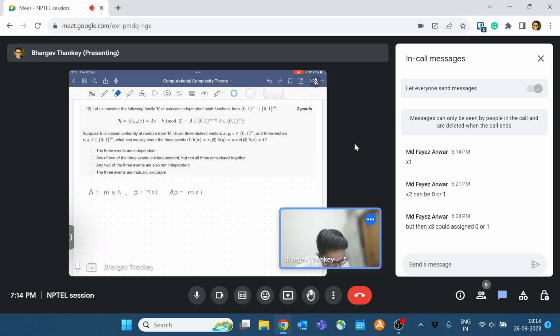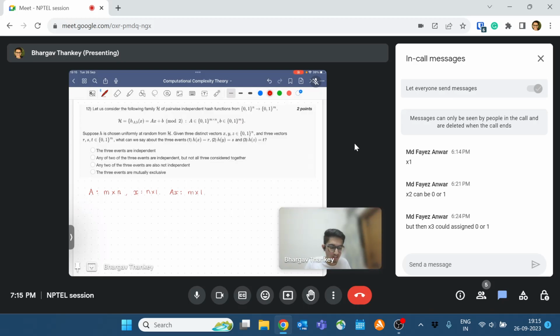And the dimension of B is also m cross 1. So how can we add AX with B? Entry-wise. You can add two vectors, right? Addition of vectors and multiplication of matrices with vectors is well defined, right?